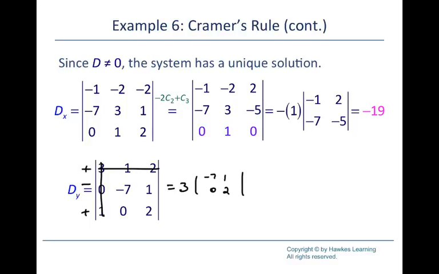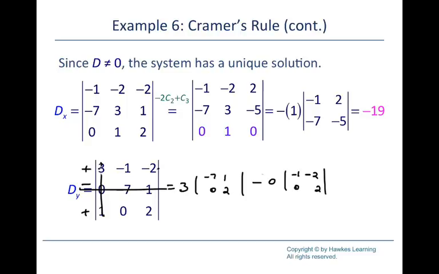Then we'll have plus 0. Excuse me, it'll actually be minus 0, but it doesn't really matter when it's 0. Okay, and this will mark out the second row so we can see that minor, which is -1, -2, 0, 2. Okay.